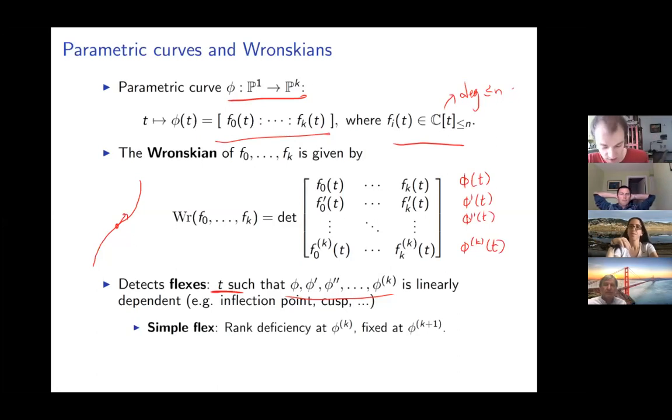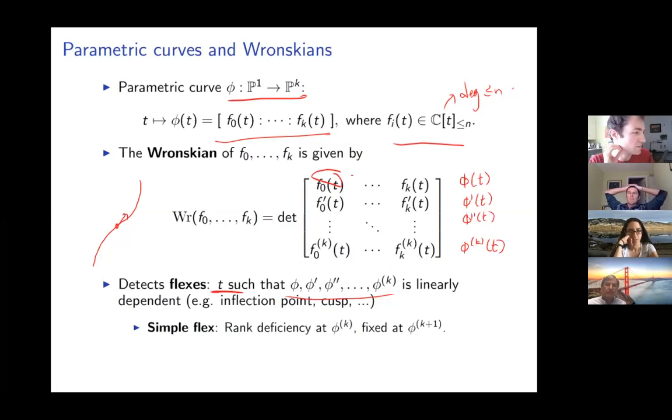That would mean, for example, that f0 is equal to fk. Then this matrix would have determinant that is identically 0. And this is equivalent to saying that the curve lies in a hyperplane. And we're kind of going to just assume that doesn't happen. That's kind of an easy thing to test.